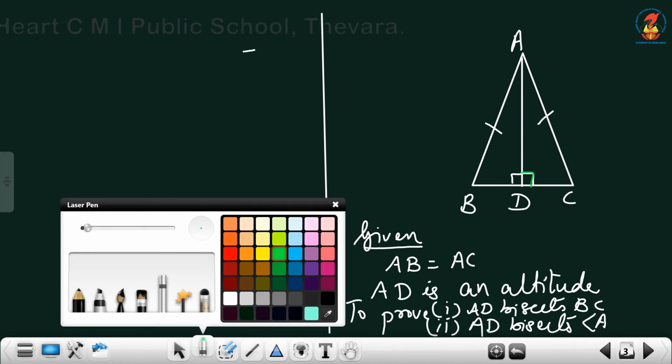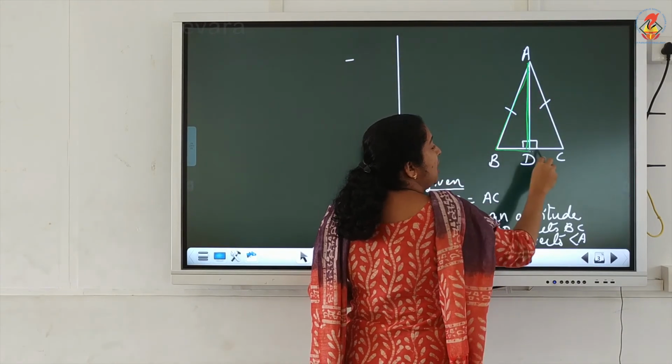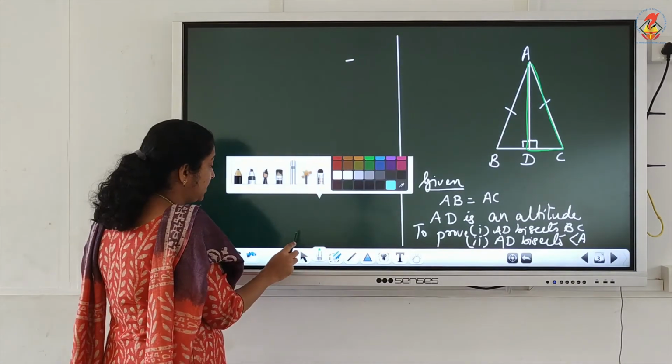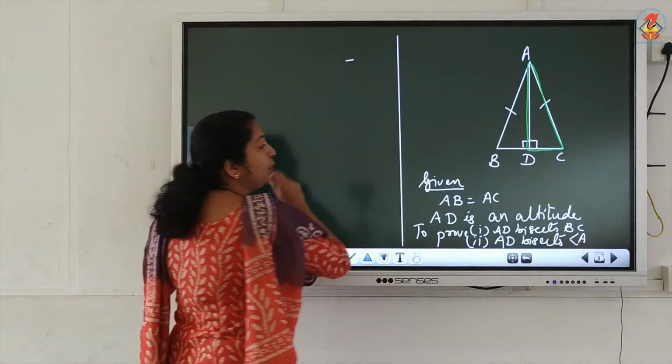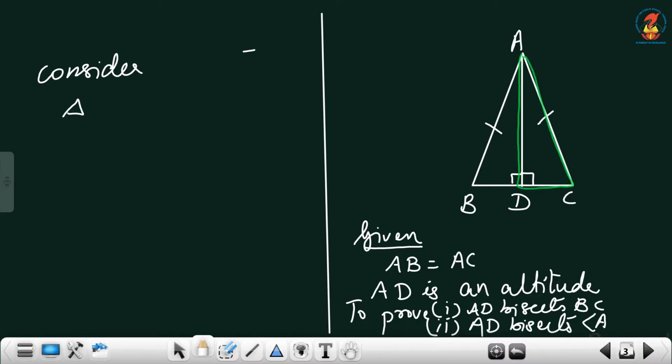So, for this consider these two triangles, triangle ADB and triangle ADC. Can you prove the congruence? So, consider triangle ADB and triangle ADC.